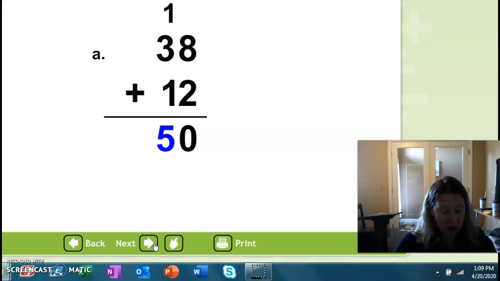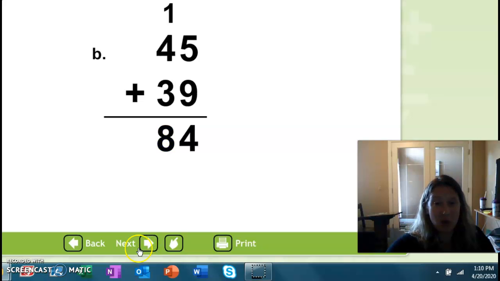Going on to B, let's try that again. Okay, so read the number in the ones column. 5 plus 9. What is 5 plus 9? 14. And 14 has a 10 and 4 ones, right? And then when you add the tens column, you have 1 plus 4 equals 5. 5 plus 3 equals 8.